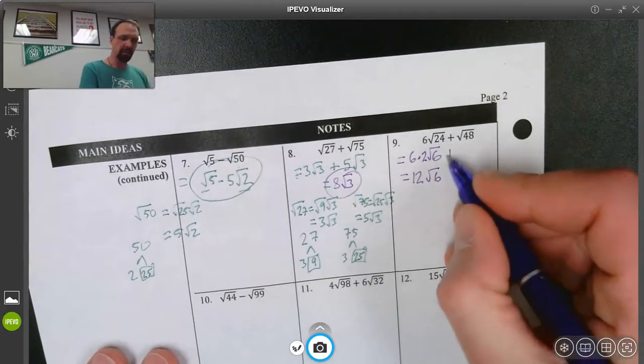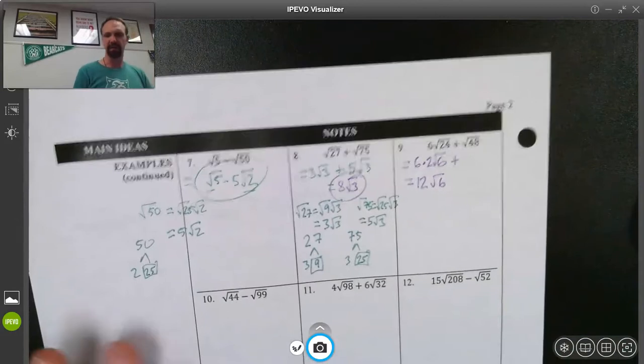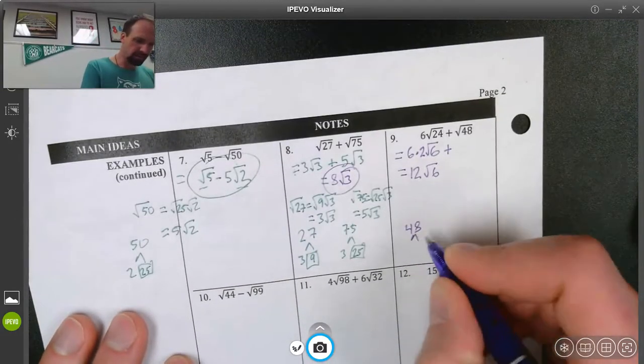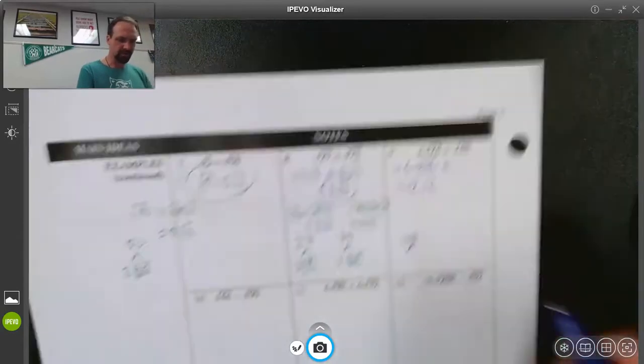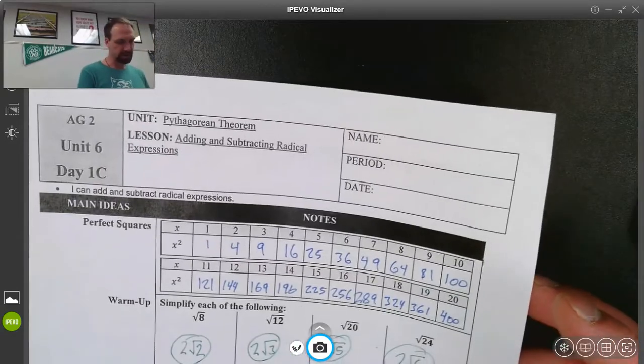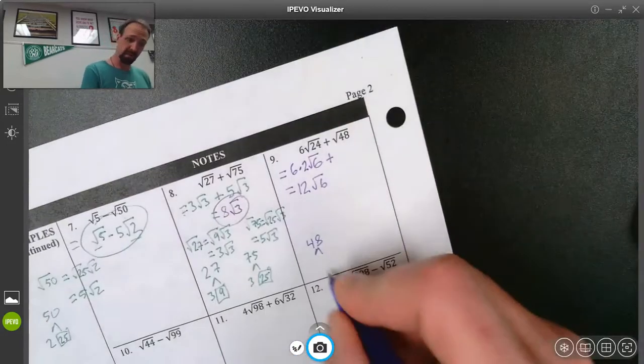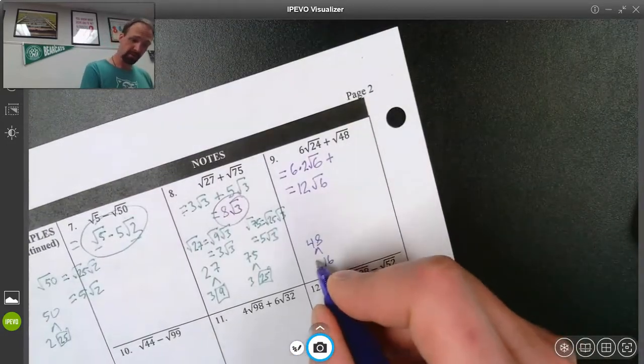And then now we have this plus square root of 48. Well, can we take a perfect square out of that? Let's find out. 48. 16, maybe? Maybe. And 3 left over. Sweet.